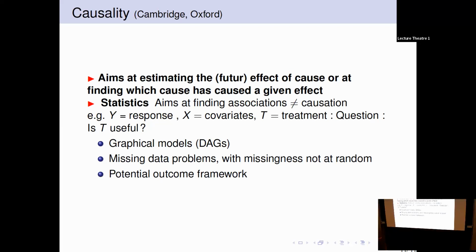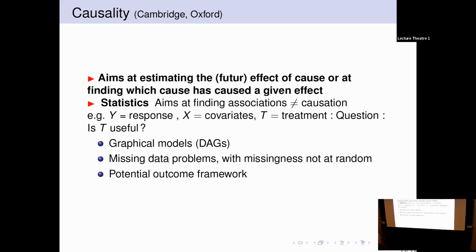But if you only base yourself on observational data, where doctors have given some treatment and then you see whether the patient has recovered or not, lots of biases come in. The biases come from the fact that in these observational studies the treatment allocation depends on X. So when you want to study the effect of T, you cannot disentangle it from the effect of X. To be able to do that, you need some further assumption of conditional independence.